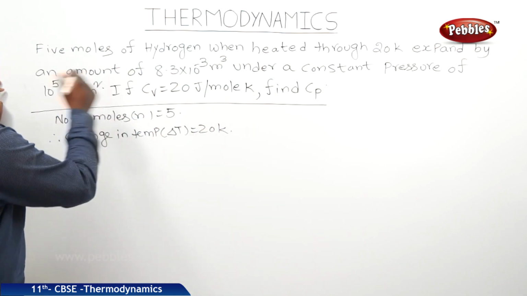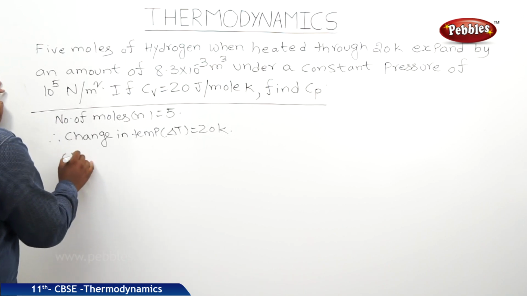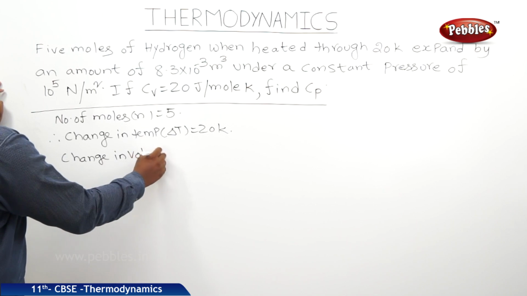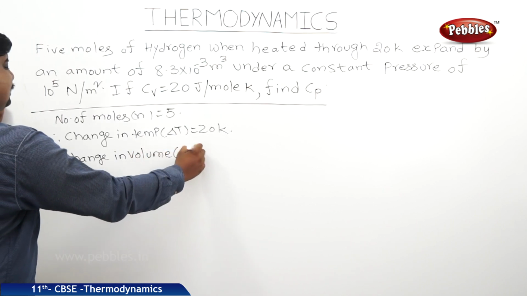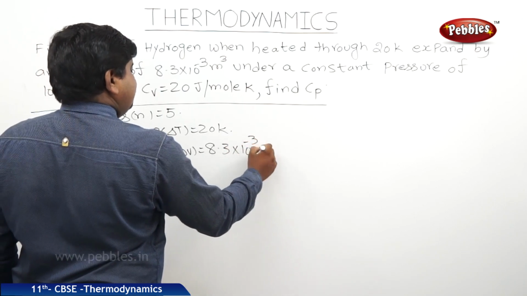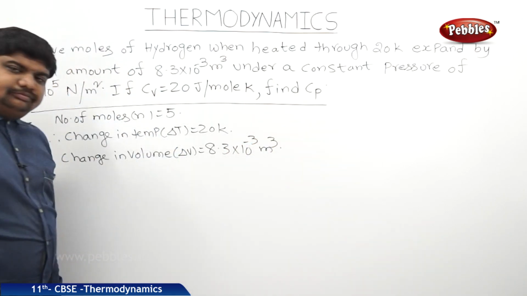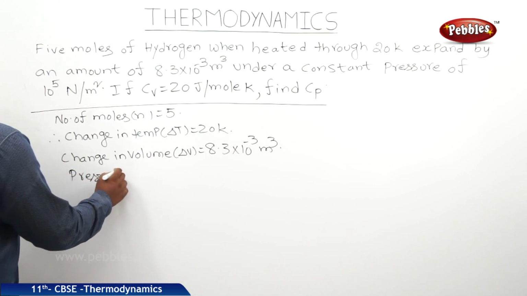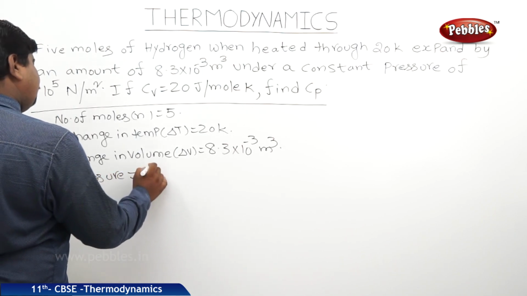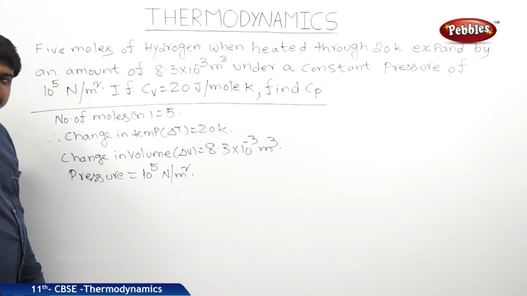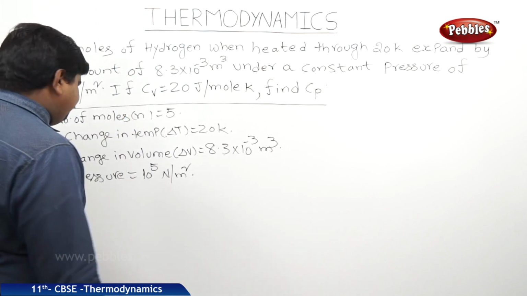And it was expanded by an amount, meaning change in volume. Expansion is nothing but the change in volume. Delta V is equal to 8.3 into 10 to the power of minus 3 meter cube, where the pressure is 10 to the power of 5 Newton per meter square. We should find out the Cp.